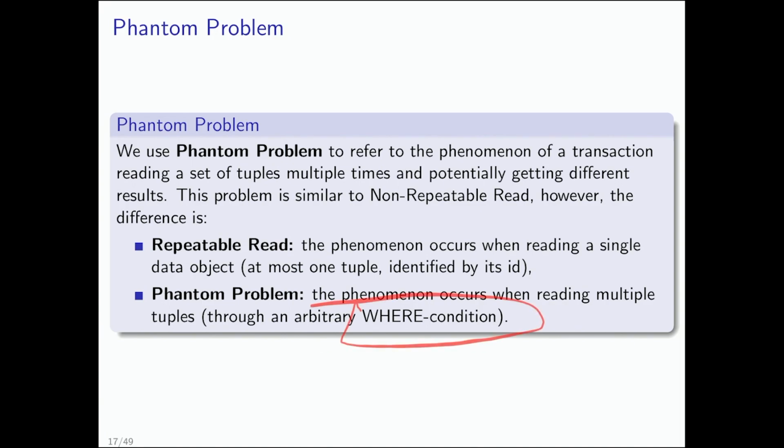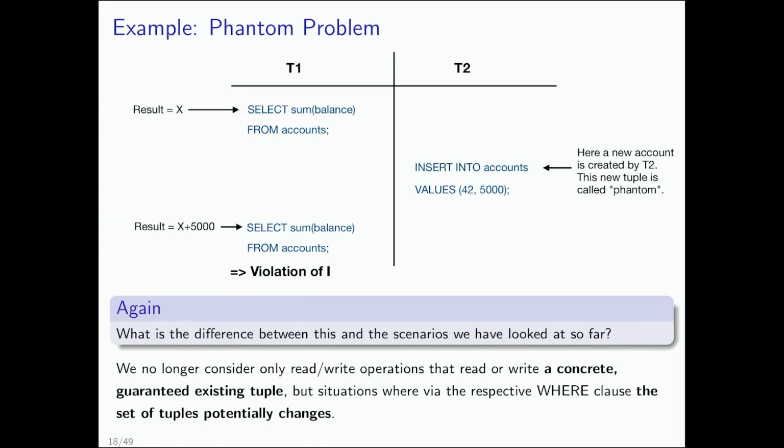So you don't have a condition ID equals 42, but a condition like first name equals Jens, or student age equals 23. So multiple tuples get selected, and that is what the phantom problem is about. Maybe I show you the example and then you can ponder it in the break a little bit.